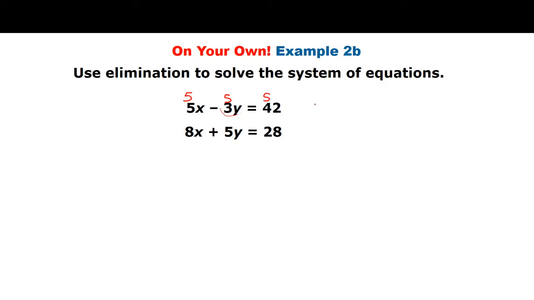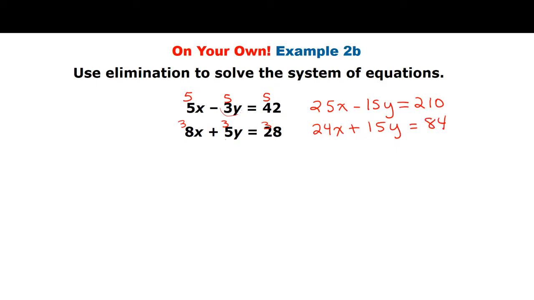And so that's going to be 25x minus 15y equals 42 times 5 is 210. And then I'm going to multiply everything on the bottom by 3. So 8 times 3 is 24x plus, here I have my 15y, equals 3 times 28 is 84.